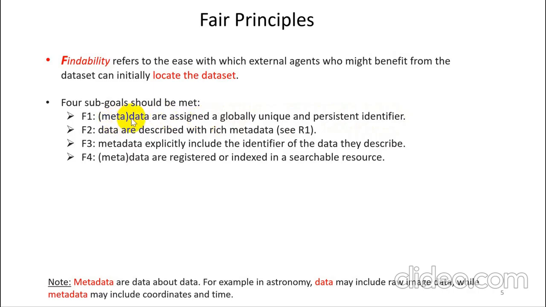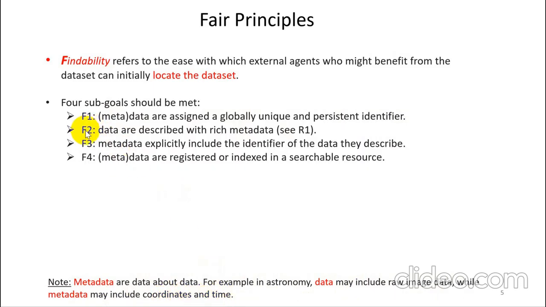Here, metadata are the data about data. For example, in astronomy, data may include the raw image data, while metadata may include the coordinates and time.